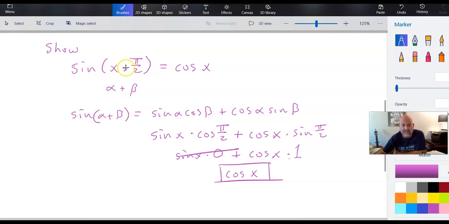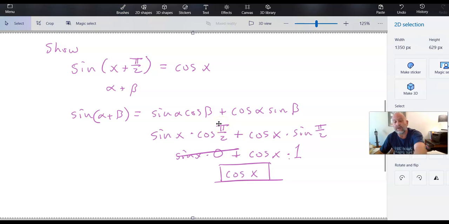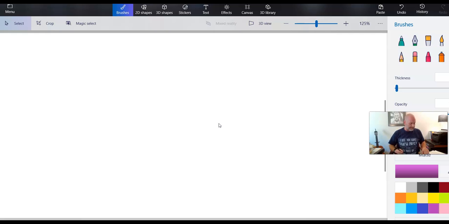If I subtracted this, I believe, if I'm not mistaken, this comes out to negative cosine instead. So there's lots of little things that you can tease out of this. Okay, so let's go ahead and look at the next one here. Now, the next one is kind of interesting.